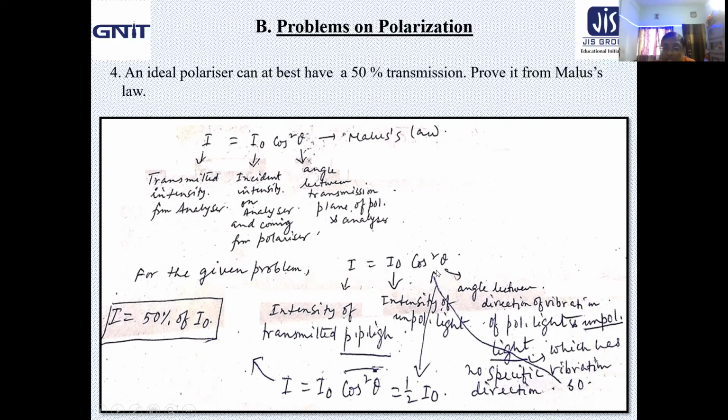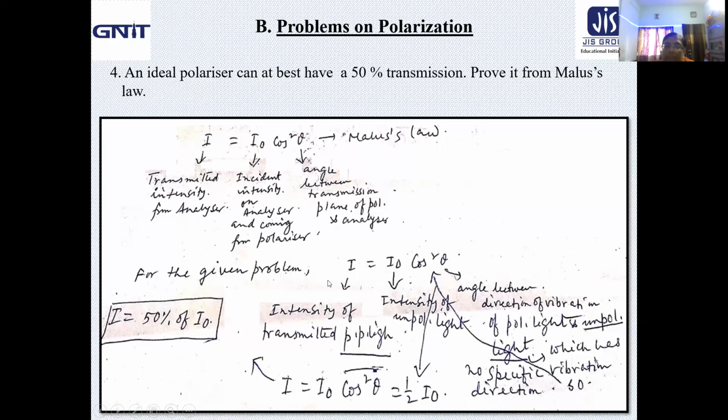I am coming to this point once more. Very carefully, you listen. In the earlier case, you had plane polarized light falling on the analyzer to give you the final transmitted intensity. Naturally, the angle was between the plane of the analyzer and the plane of the polarizer. Clear?